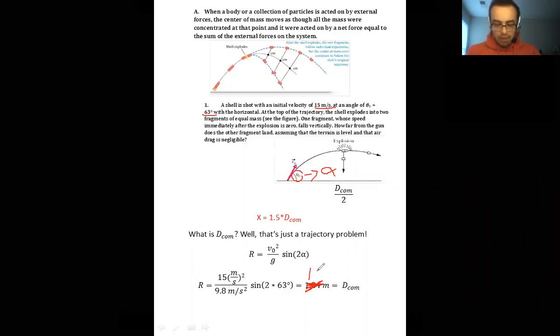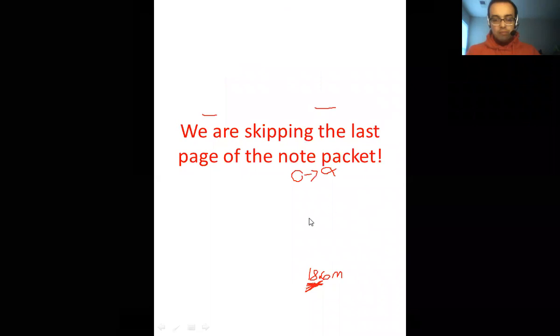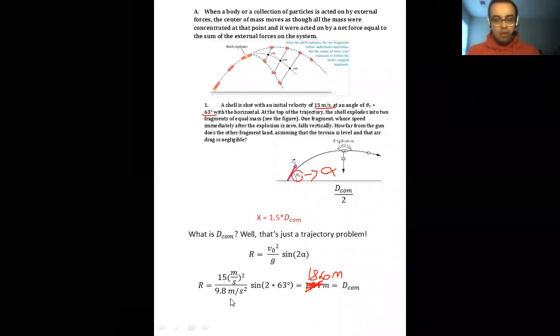And dCOM is going to equal 18.6 meters. All right. So we go ahead and we say, because we now know what dCOM is, we presumably can find out what x is.